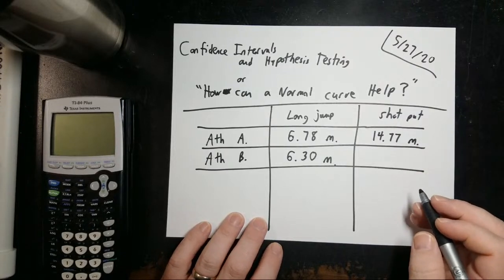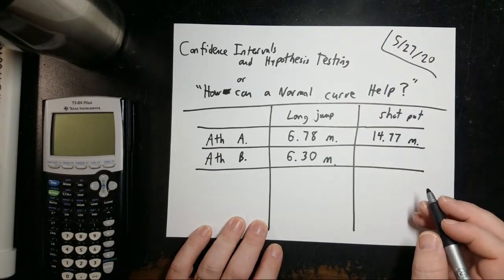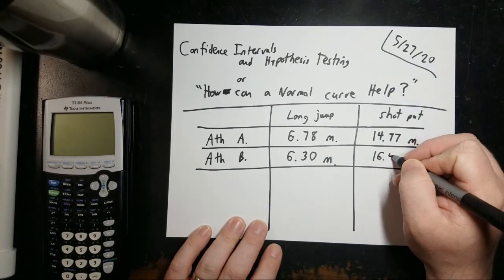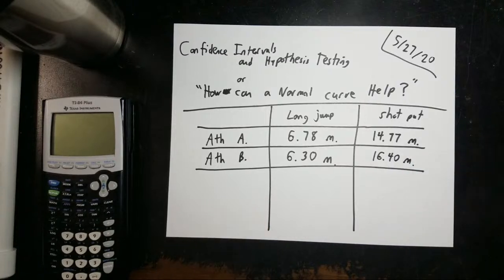And athlete A threw the shot put 14.77 meters. And athlete B threw the shot put 16.40 meters. Clearly, athlete B is the better shot putter.